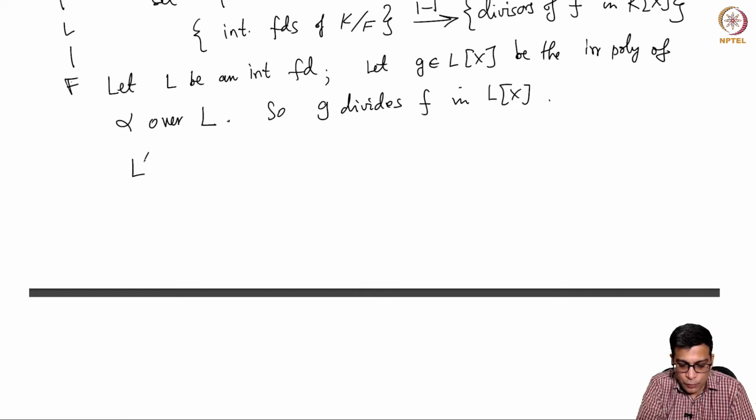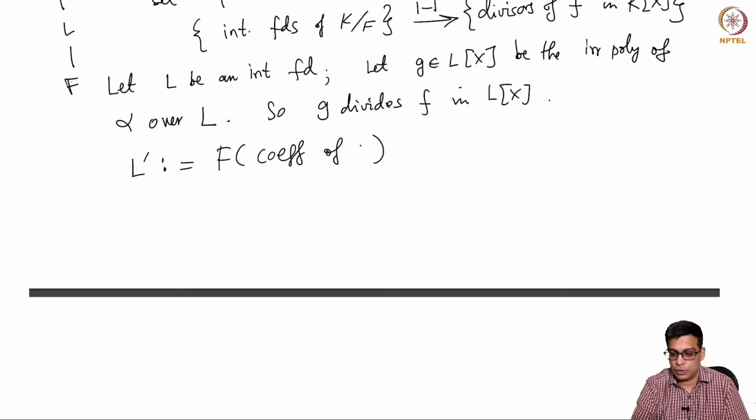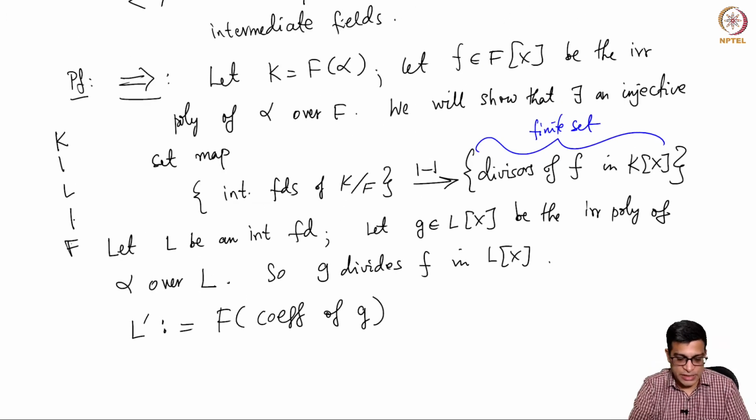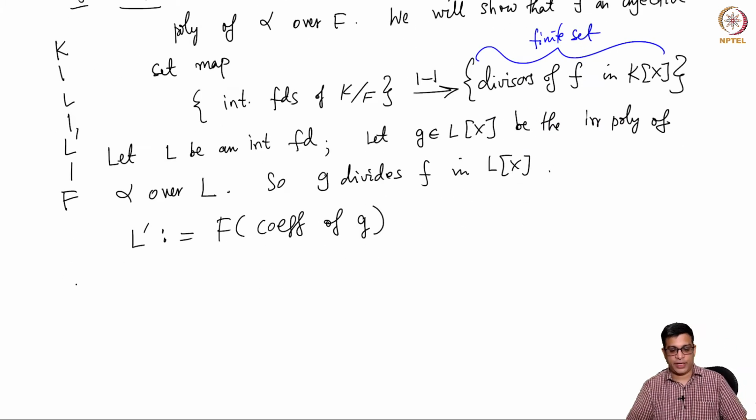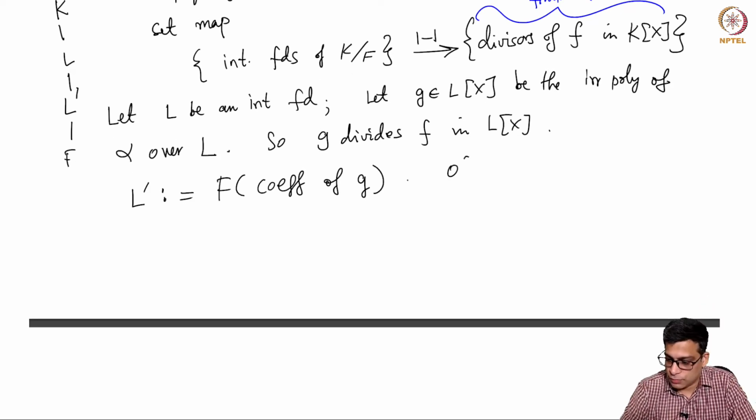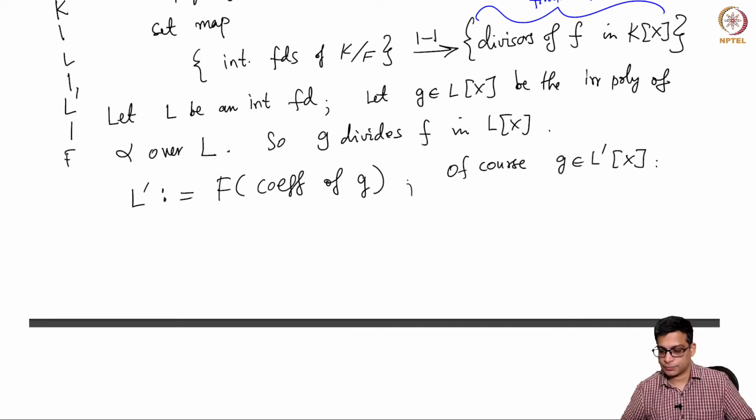Now define a new field L', which is F adjoined the coefficients of g. So g is a specific polynomial. I only take its coefficients and define the field generated by them. So of course g is in L'[x] by definition, right?